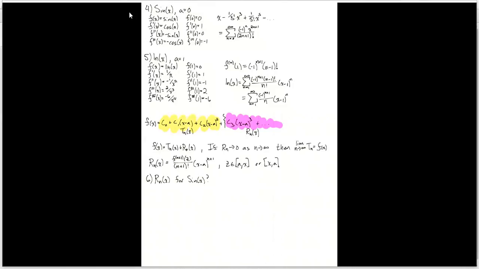All right, so this remainder for sine of x. Well, we know that our remainder here, and I forgot to mention that we've got the Maclaurin series. So this is just basically example 4, and what's the remainder for this if we were to truncate it, right? So we've got this coefficient, and now because a is 0, we've got x to the n plus 1.